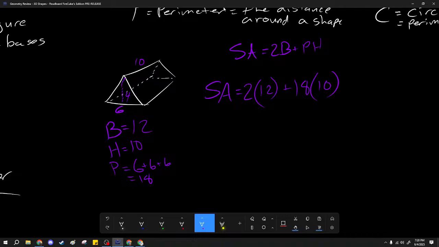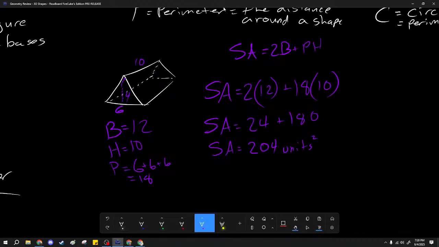Multiplication first, making sure we multiply these together and these together separately, and then we add. 2 times 12 is 24, plus 18 times 10 is 180. Now we can add those 2 numbers. 24 plus 180 is 204. And I didn't put units, so units squared. It's area, so it's squared. Volume is cubed, area is squared.